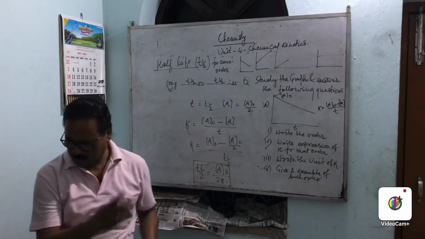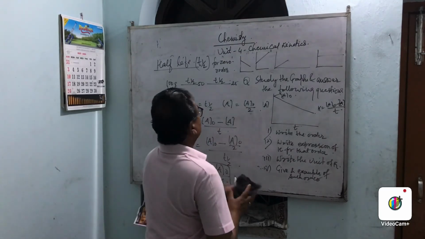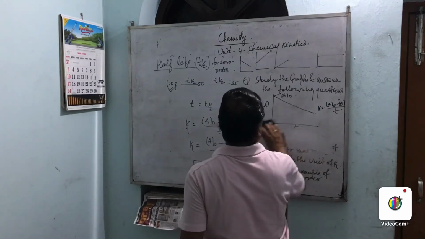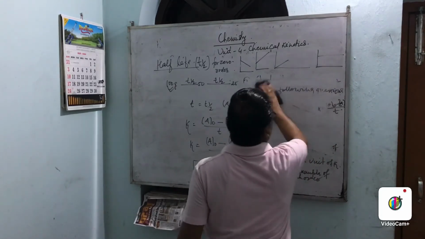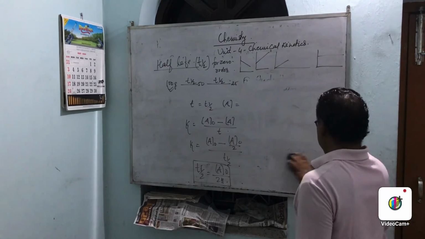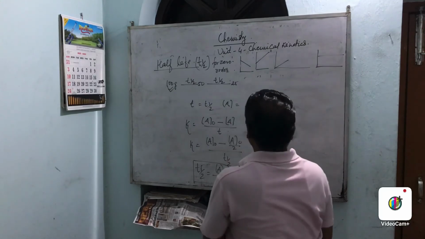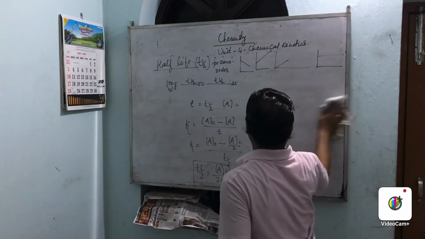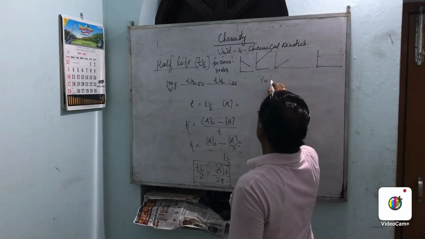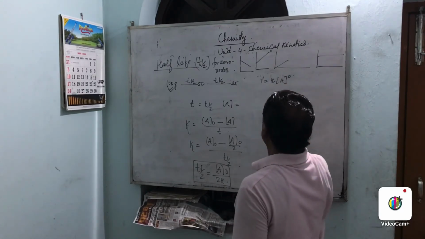So we have the graph like this one, and two more graphs can be plotted from this order. So if somebody asks to plot a graph of rate for a zero order reaction, the rate is K, and this is concentration A. Is it clear?